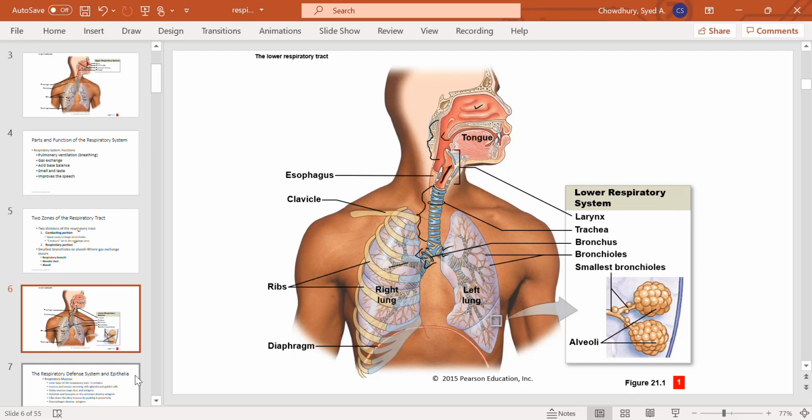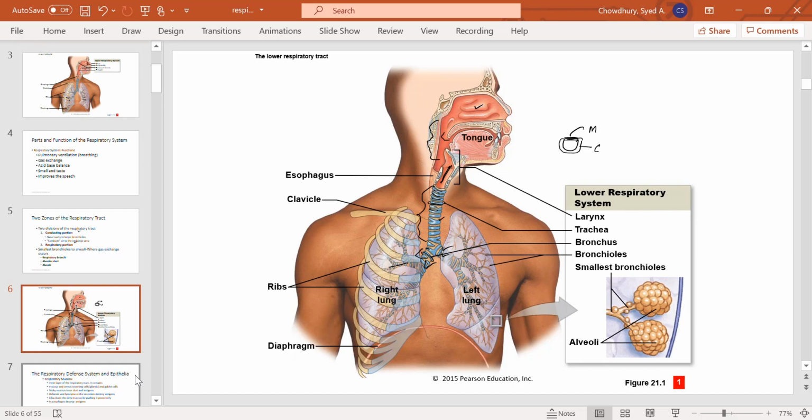Now you see these are the tracheal cartilages, right? And these are C-shaped cartilages. So from the front it will look like a circle, but if you see the back, it's open. Okay, and here you have the muscle called trachealis muscle. So this is the cartilage and this is the muscle, okay, in the back.